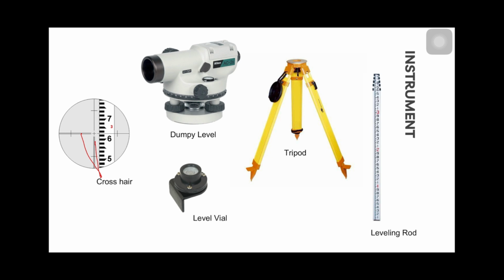The purpose of the crosshair is to give us an exact reference point so we know where we are aiming. The vertical line helps us keep the instrument aimed straight at the rod or target, while the horizontal line is the one we actually use to read the measurement on the leveling rod. So whenever we take a reading, we look where the horizontal crosshair cuts across the leveling rod, and that's the value we record.